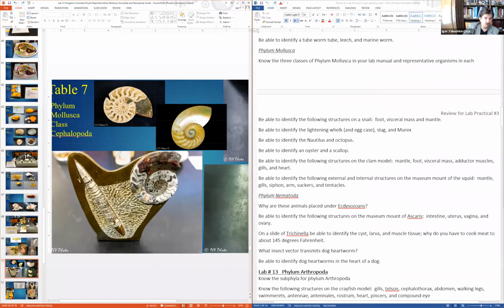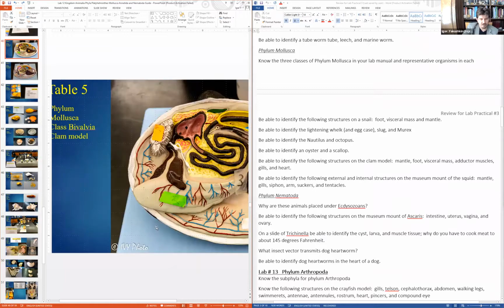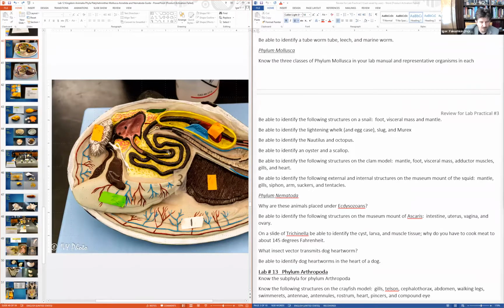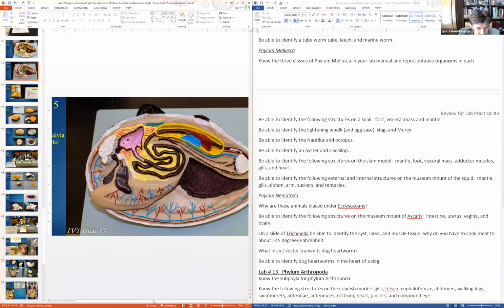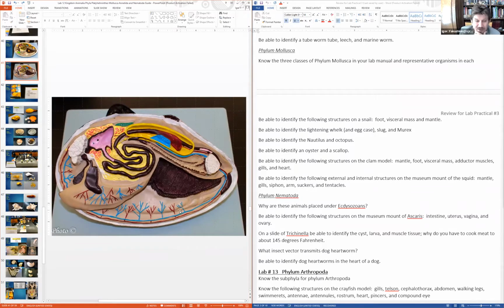All right, now let's see the following structures on the model. Here we have the model, and they're all marked for you, but let's go to an unmarked picture. You will need to identify the mantle, the covering of all of the internal organs, the visceral mass. The adductor muscles close the shell, and whenever they relax, the shell springs open.